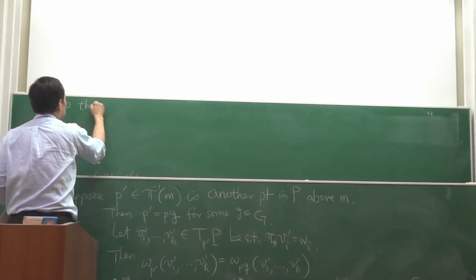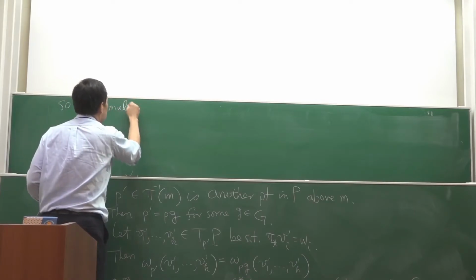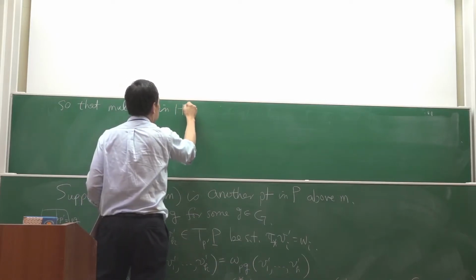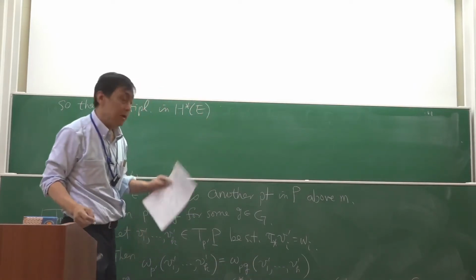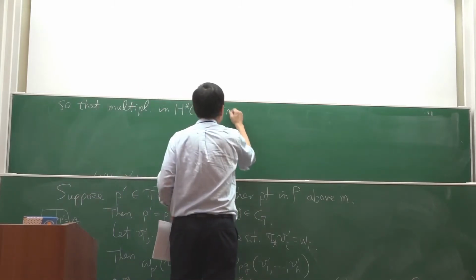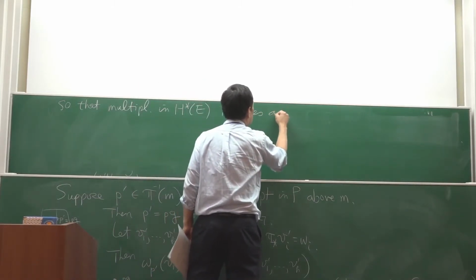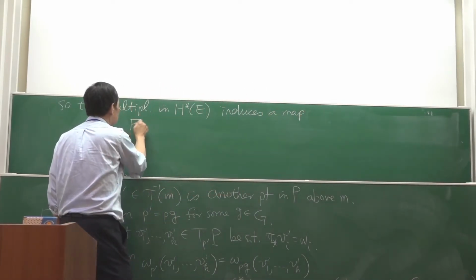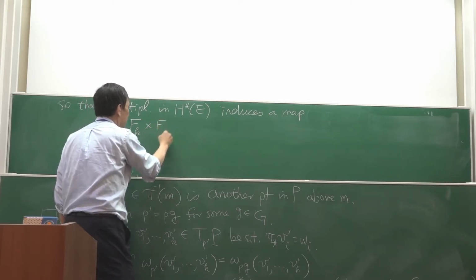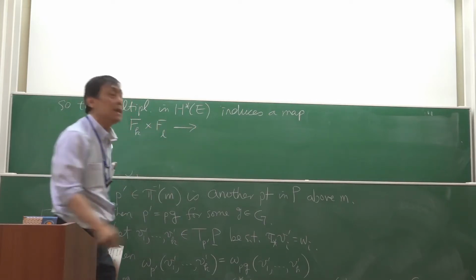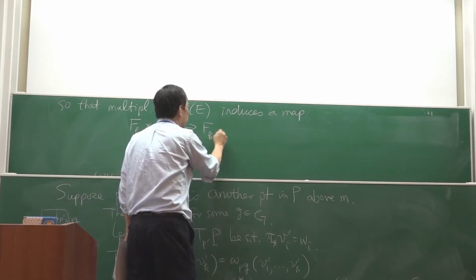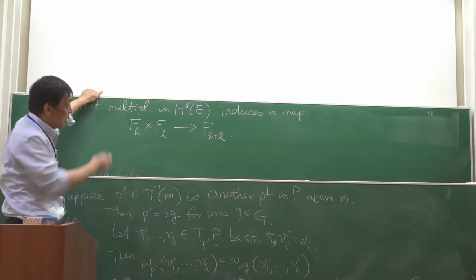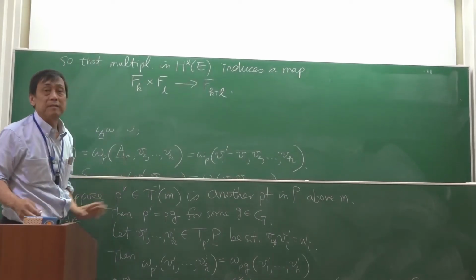There's a filtration so that multiplication in the cohomology of the total space induces a map from F^k cross F^l to F^{k+l}. So the multiplication in cohomology respects the filtration.